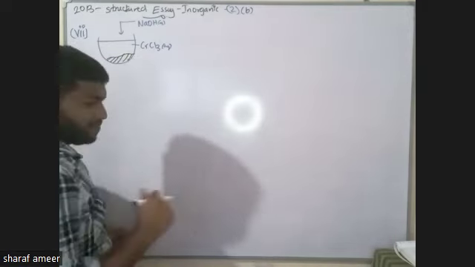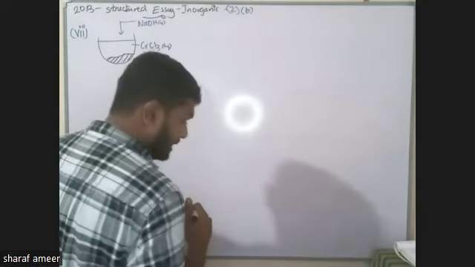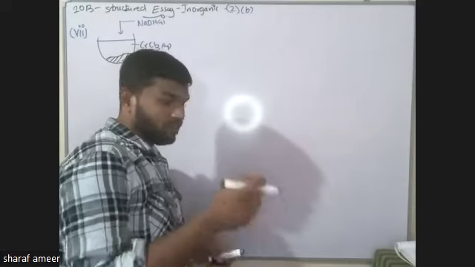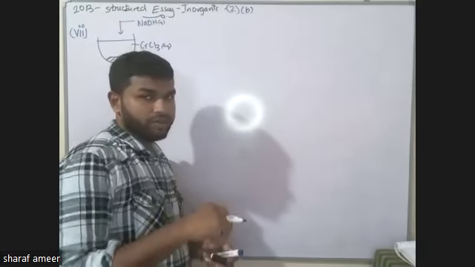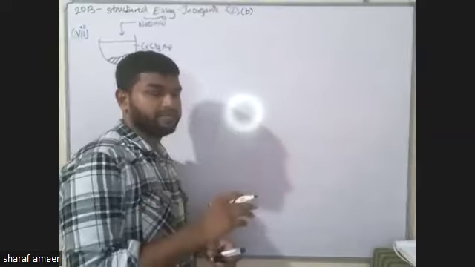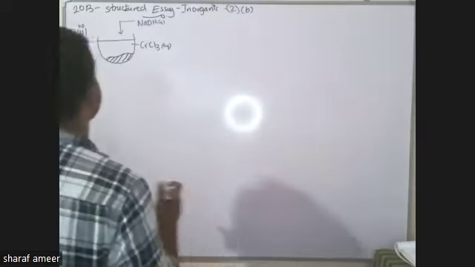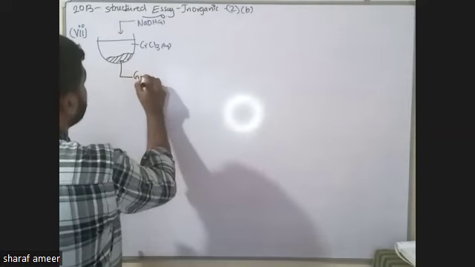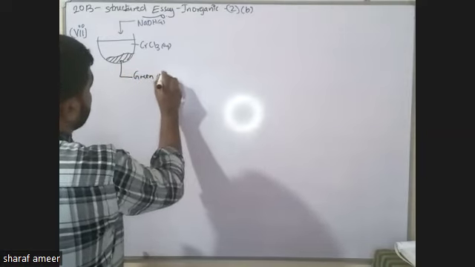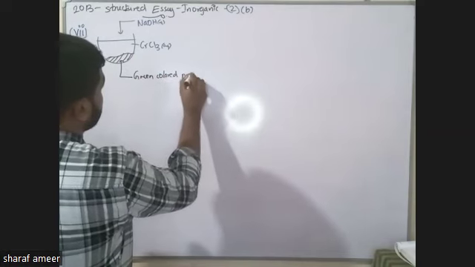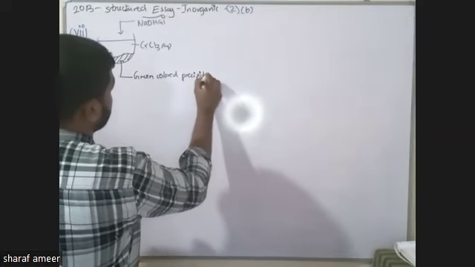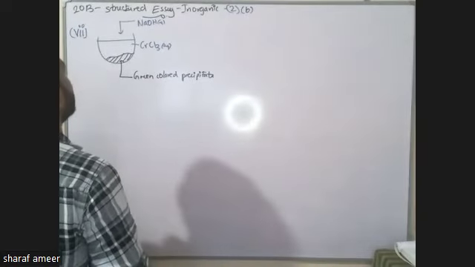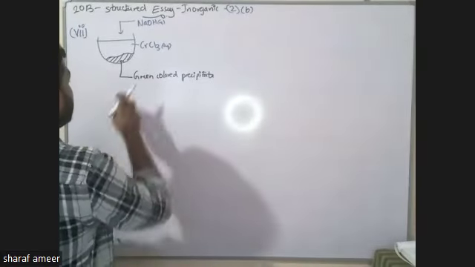So a precipitate can be observed. CrCl3 doesn't have the ability to dissolve excessively in NaOH, so it will remain as a precipitate, right? What kind of color precipitate can we obtain? Green color precipitate is obtained. So this is the observation.